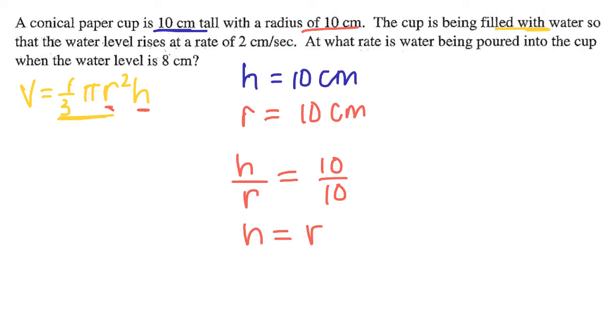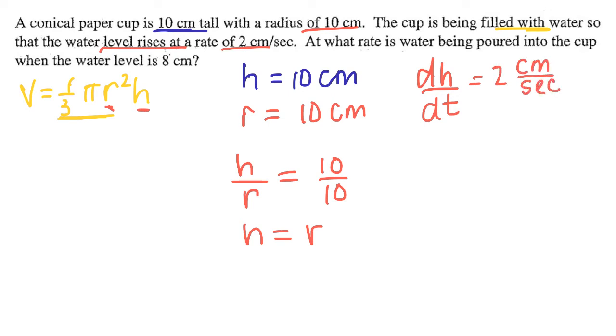So let's see. The cup is being filled with water so that the water level rises at a rate of... So the water level rises. Well, if the water level is rising, then that's going to be the rate of the height. So that's telling me that I have dH/dt. The height is 2 centimeters per second.